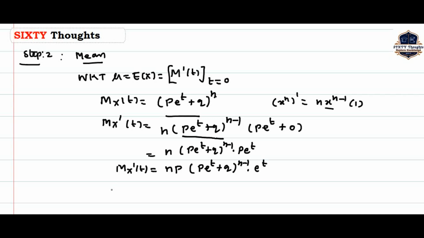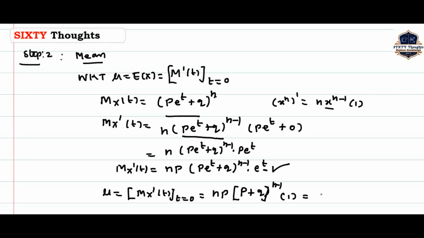Now I am going to find the mean value, that is mu equal to M_X dash of t, substituting t equal to 0 wherever t appears. If we substitute t equal to 0 in the previous equation, we get np into (p + q)^(n-1), since e^0 is 1, into 1.